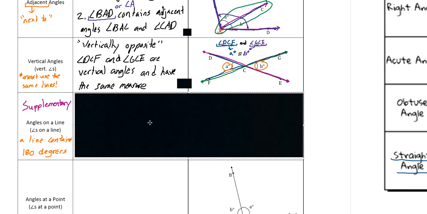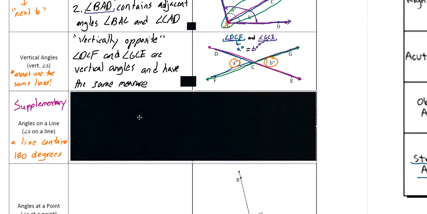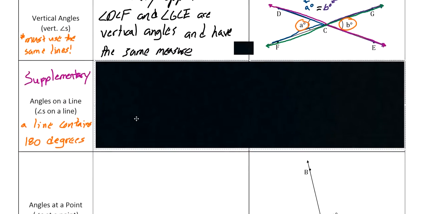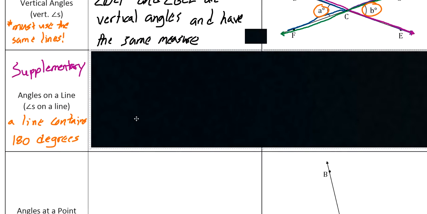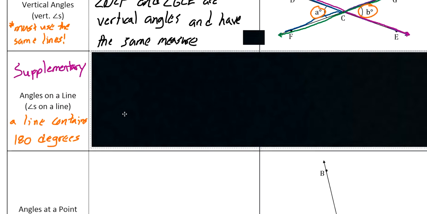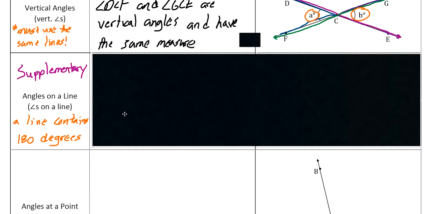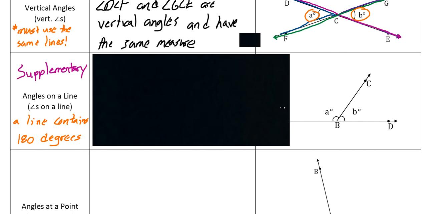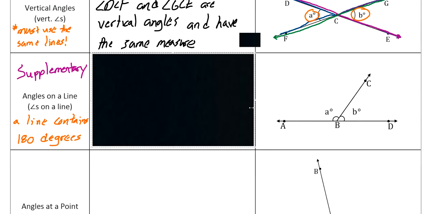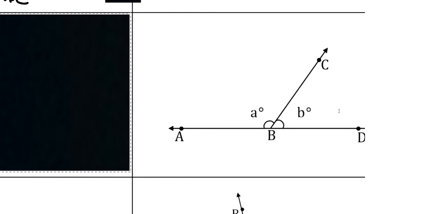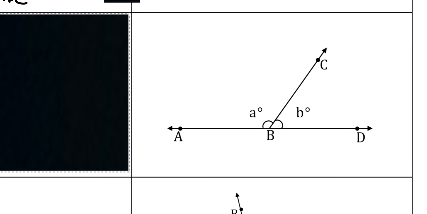Just two to go. Next one we're going to talk about is supplementary angles. Another way to think of supplementary angles is as angles on a line. Remember, a line contains 180 degrees. So looking at this image right here, we have line ABD.